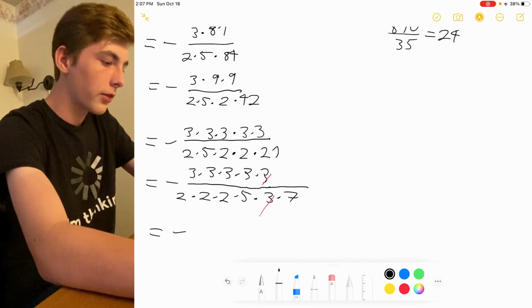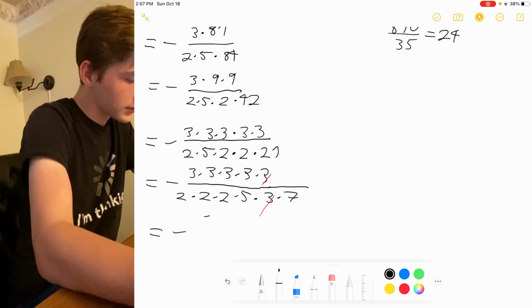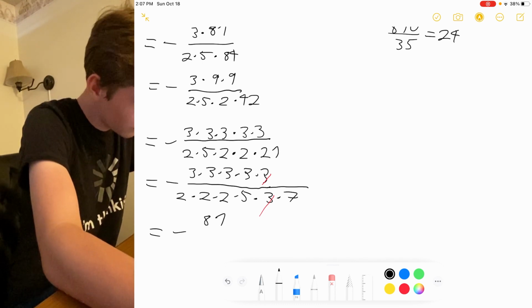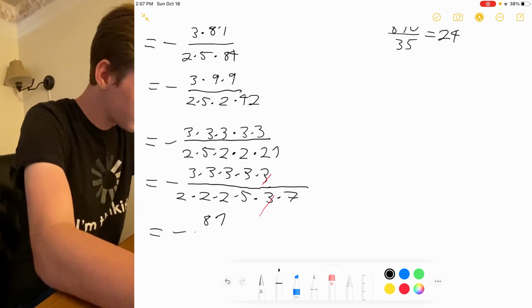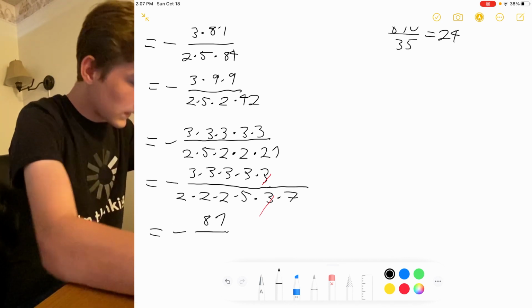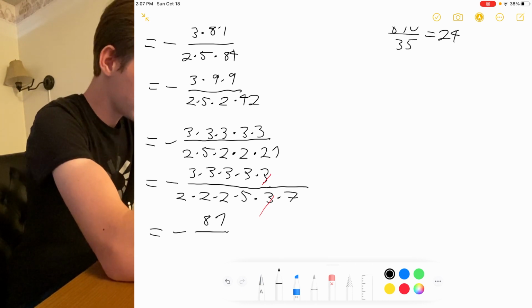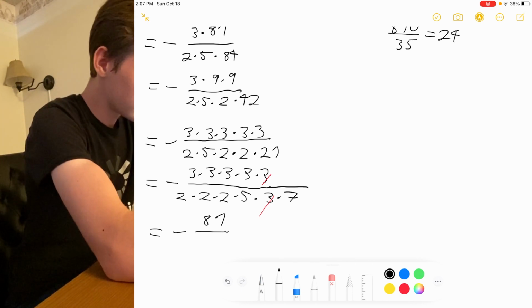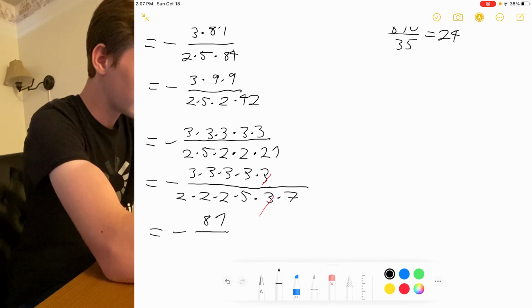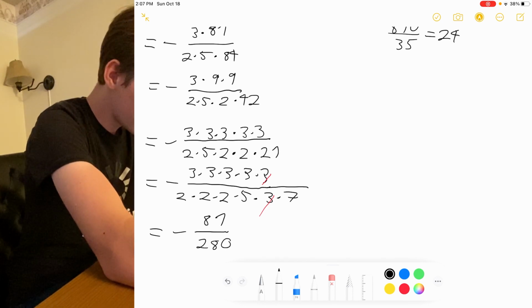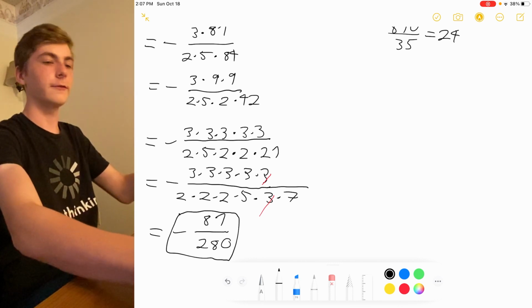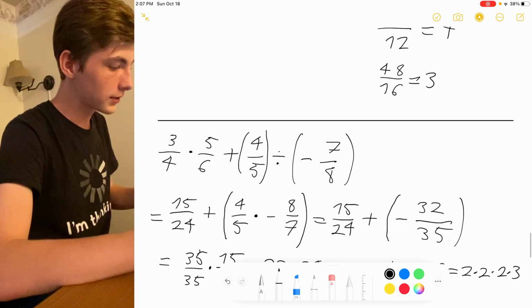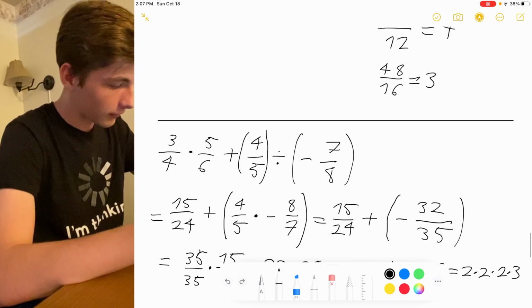So we're going to get 3 to the 4th on top, which is that 81, right? Because 3 times 3 is 9, times another 9 is 81. And then down here, I'm just going to multiply all these. So 2 times 2 times 2 times 5 times 7. That's 280. So 81 over 280, that's the simplified form of that fraction. So that is our final answer to this problem up here.